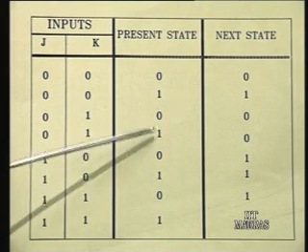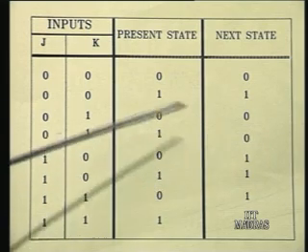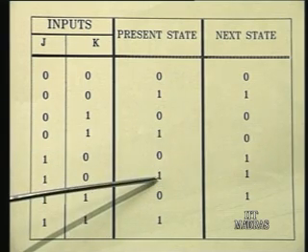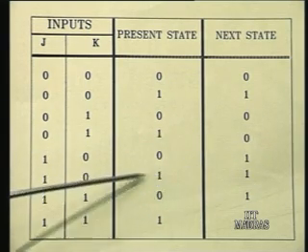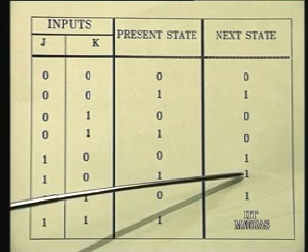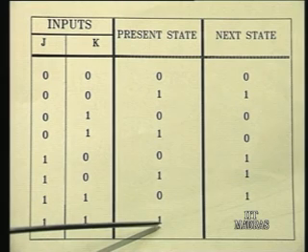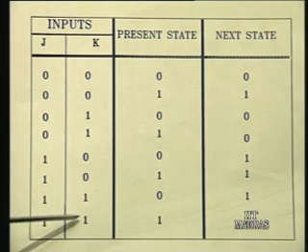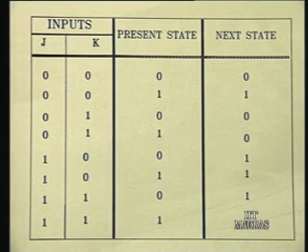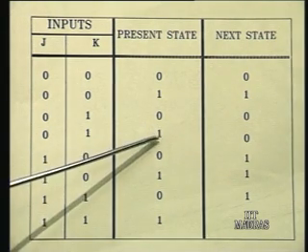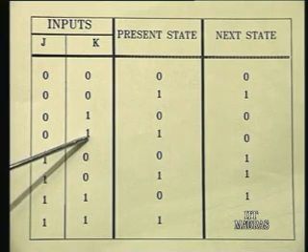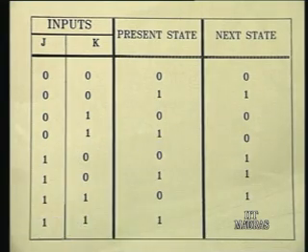So this is one thing. Now we see that 1 to 0 it may transit. In this present state 1, K is 0, so output is still 1. On the other hand, in this present state 1, there is a transition to 0 because K is 1. So the 1 to 0 transition takes place when K is 1.